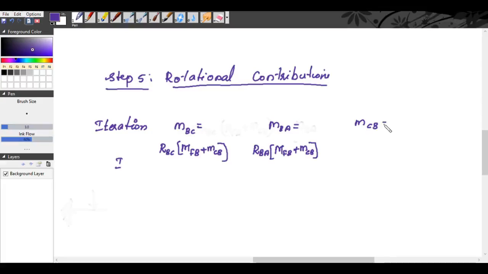MCB will be equal to RCB multiplied by the restraint moment at C, whereas in these both cases it is the restraint moment at B. Here it is the restraint moment at C plus the rotational contribution of the nearer support, that is MBC.